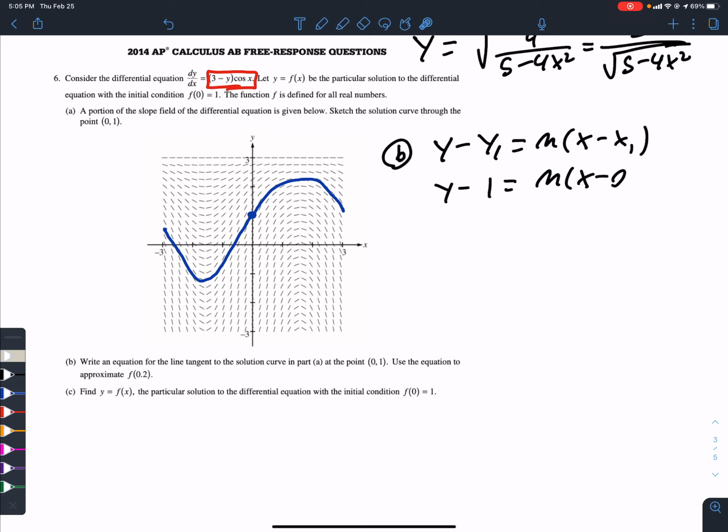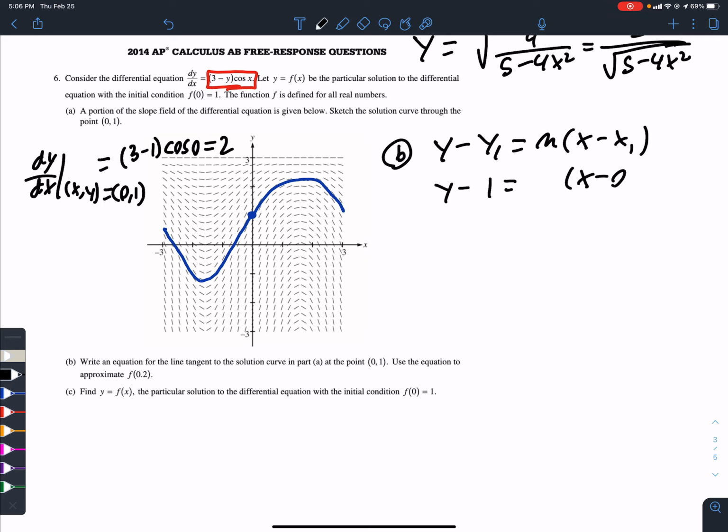But the slope, how do you find the slope? The slope is the derivative at that point. So somewhere you have to show the work that you evaluated the derivative at the point of tangency, which was (0, 1), and find that. That's going to be 3 minus 1 times cosine 0, which is 2.